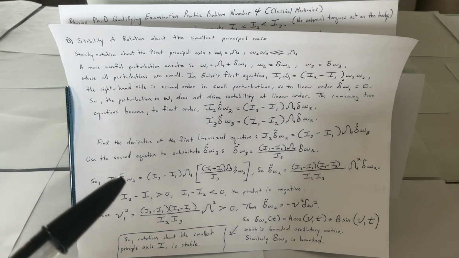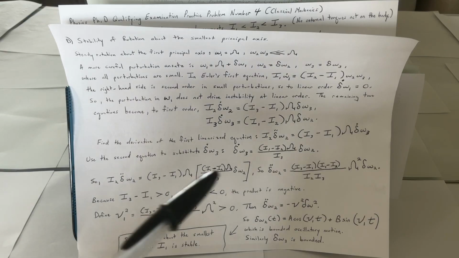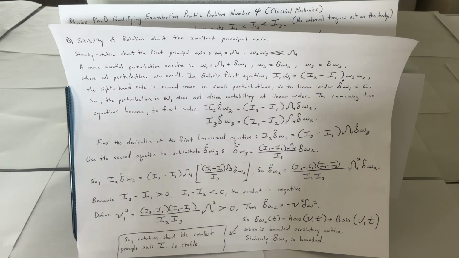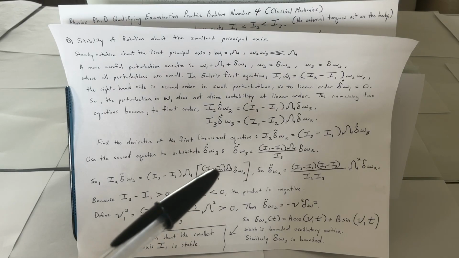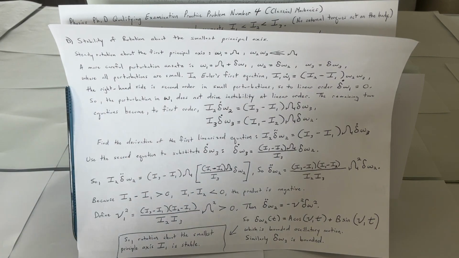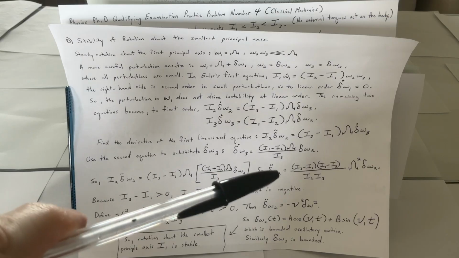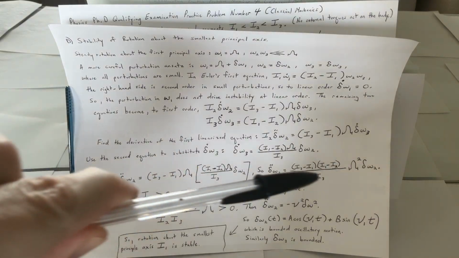So I sub 2 delta double dot omega sub 2 equals the following, and that's a minus sign there, I sub 1 minus I sub 2 in parentheses. So delta double dot omega sub 2 equals this.